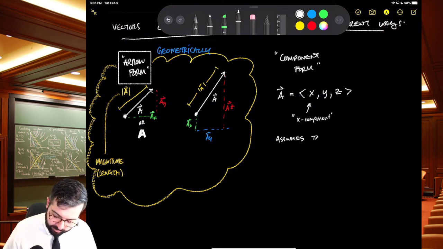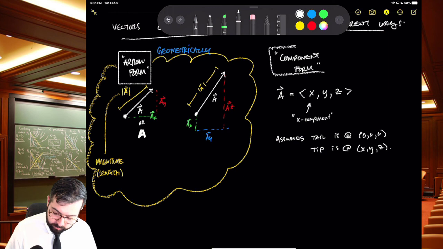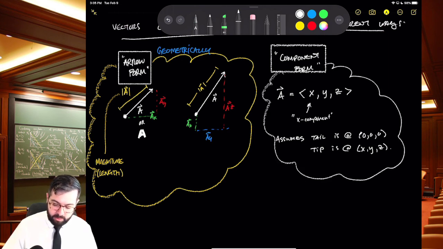This assumes that the tail is at the origin. Tip is at x, y, z. This is really nice.